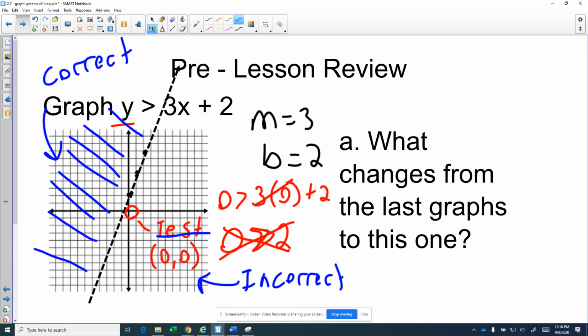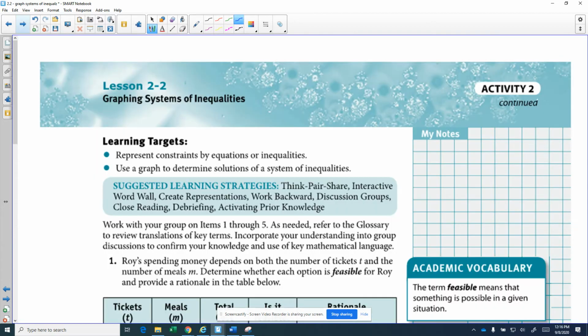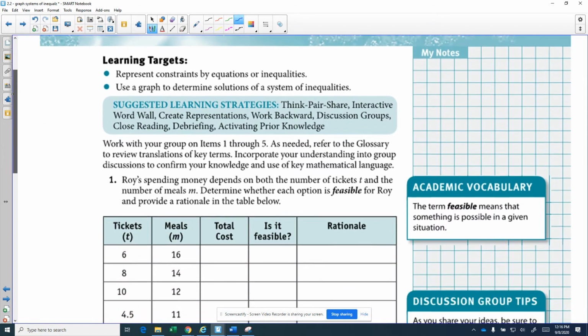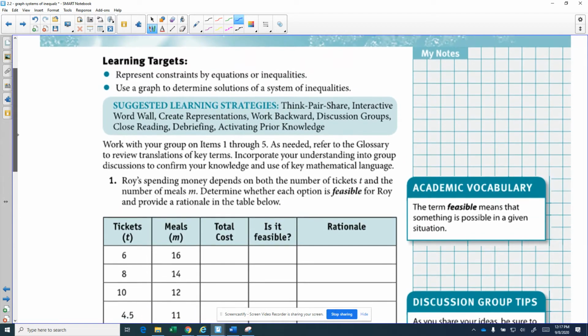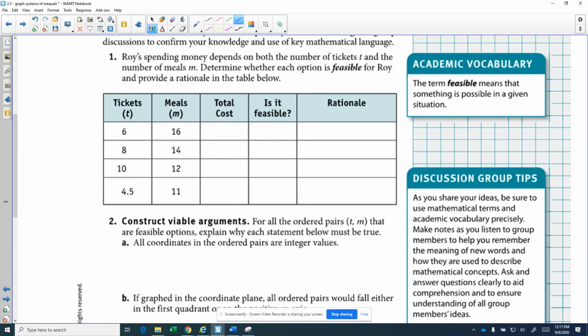So with that information, let's go ahead and talk about the lesson itself. In this lesson, we're going to start to develop equations and actually try to build constraints off of them. So in this first lesson, we have to understand some basic information. First off, from the last lesson, we have tickets and meals.